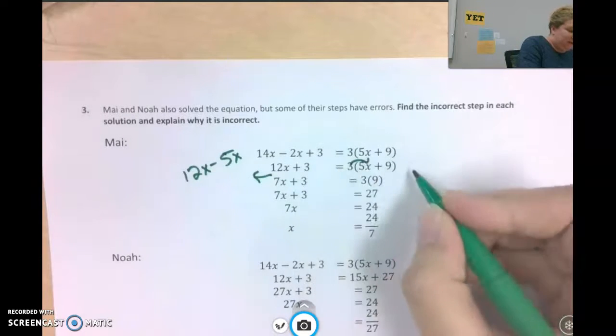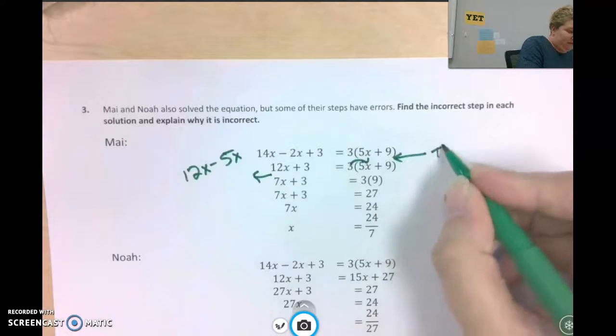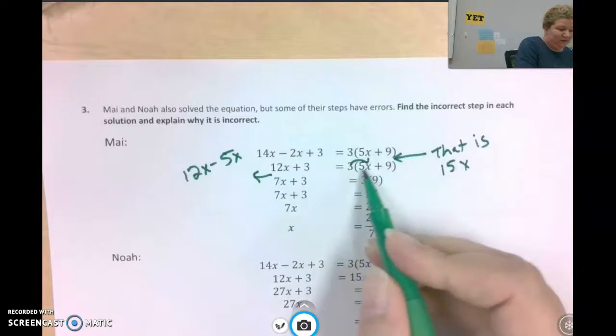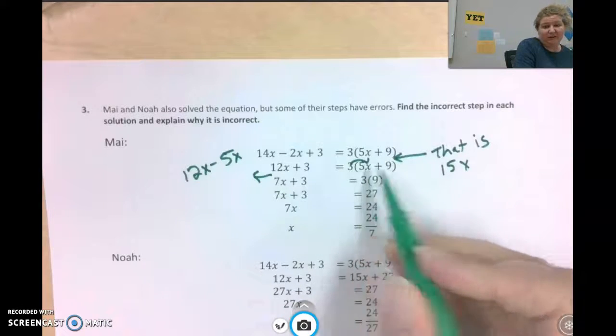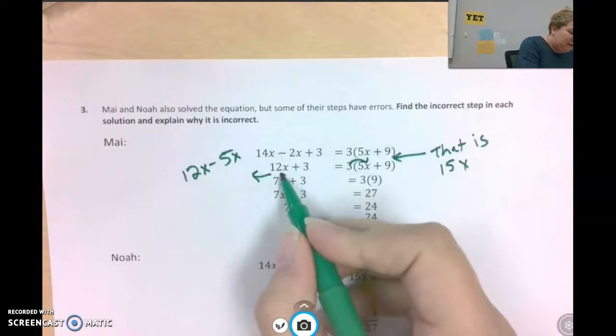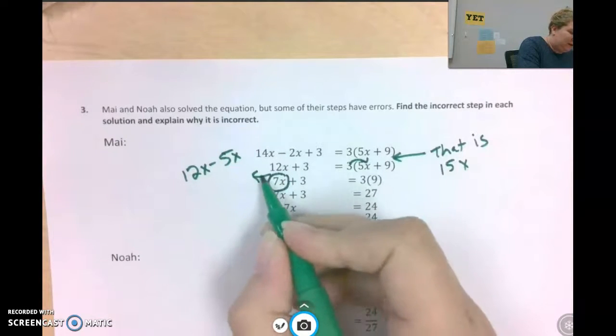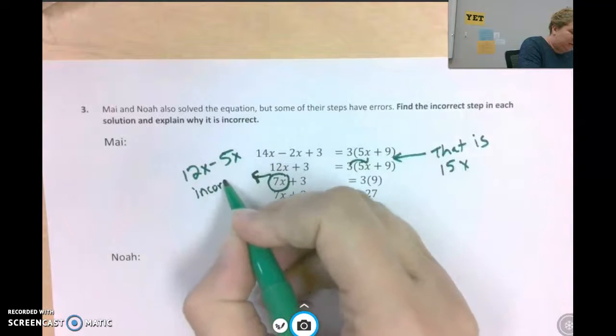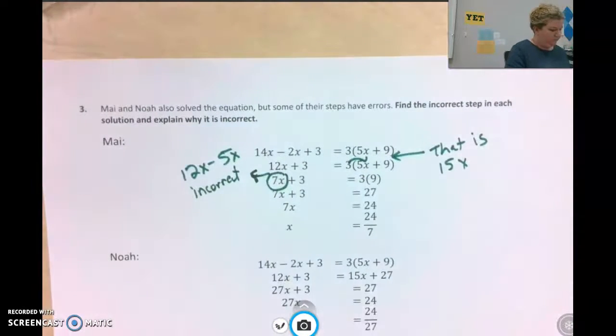This is actually, that is 15 x's. It's 3 groups of 5 x's, which is 15 x's. So this is right here, this is the incorrect part of that.